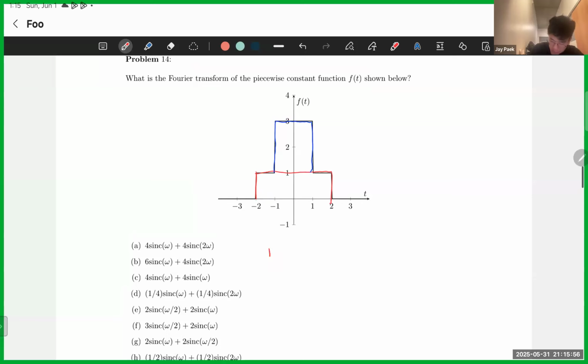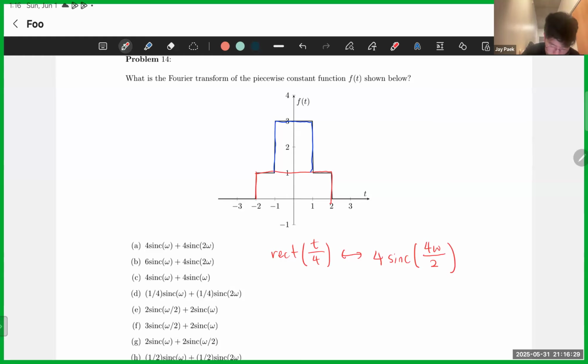I initially start with rect of t over 4. Hopefully this is clear. This has a Fourier transform of 4 sinc of omega t naught over 2, I believe. So it should be 4 sinc of omega over 2.